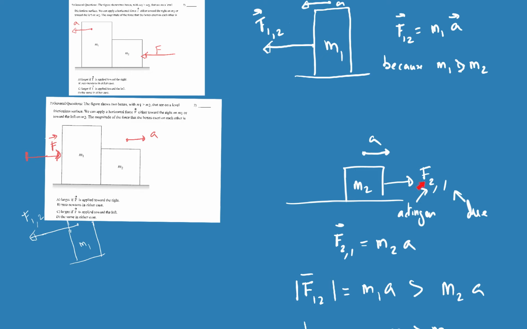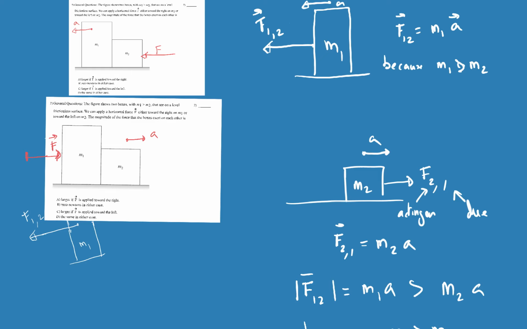This is the force acting on M2, and of course it is due to M1. So this is F21, the force acting on 2 due to 1, which is the mass M2 times the same acceleration as in the first case.